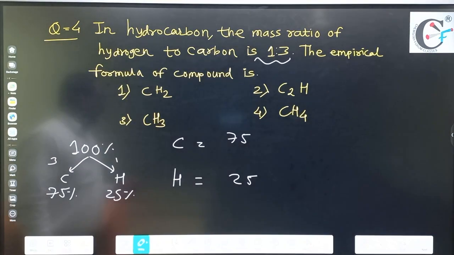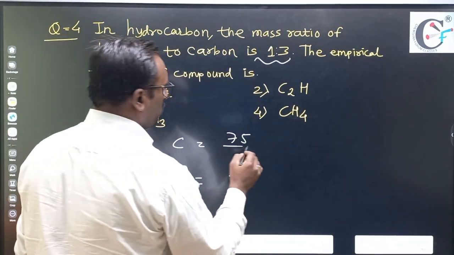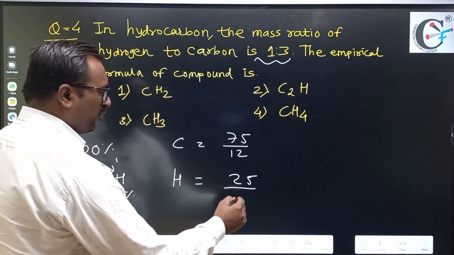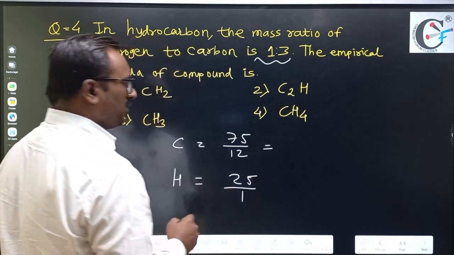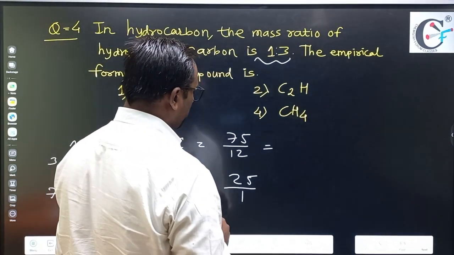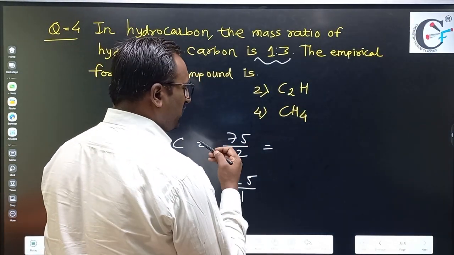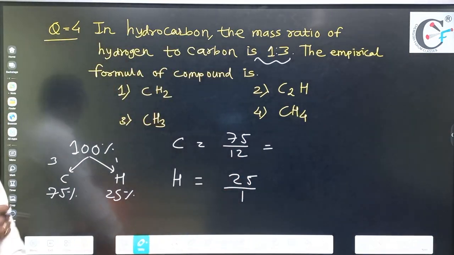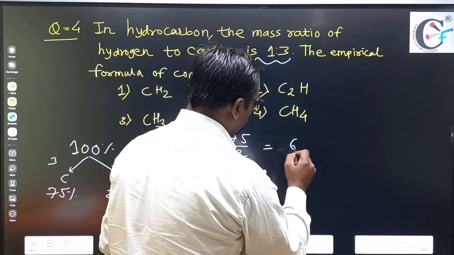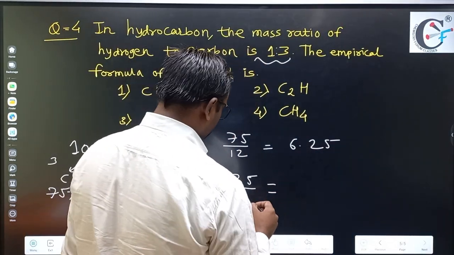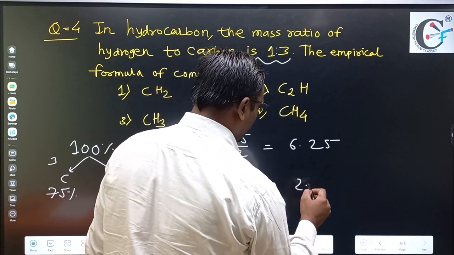Now, convert into gram quantity. We have 12, the molar mass of carbon, and 1 for hydrogen. So, 12 fives are 60, so we are getting 6.25 for carbon, and here we are getting 25 for hydrogen.